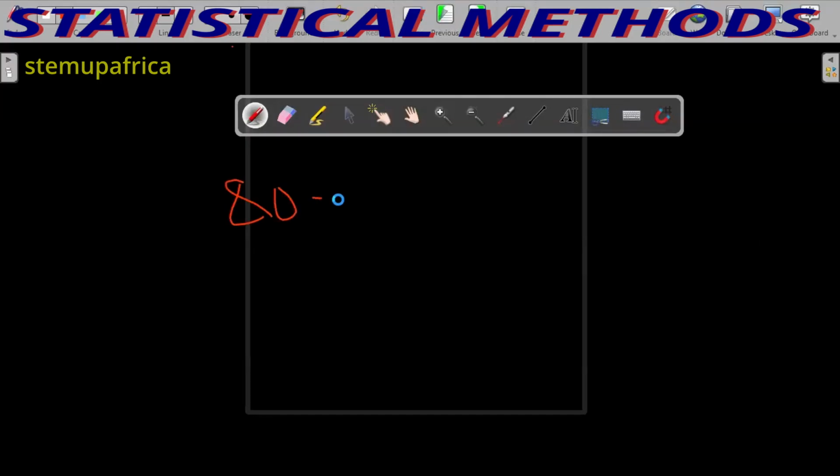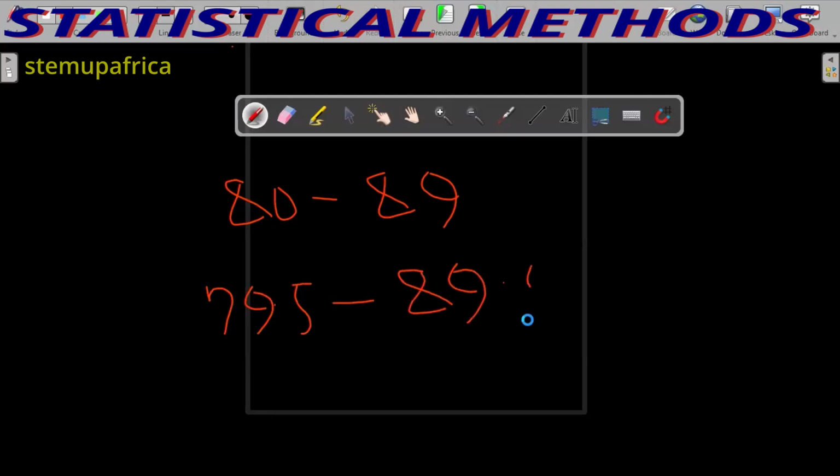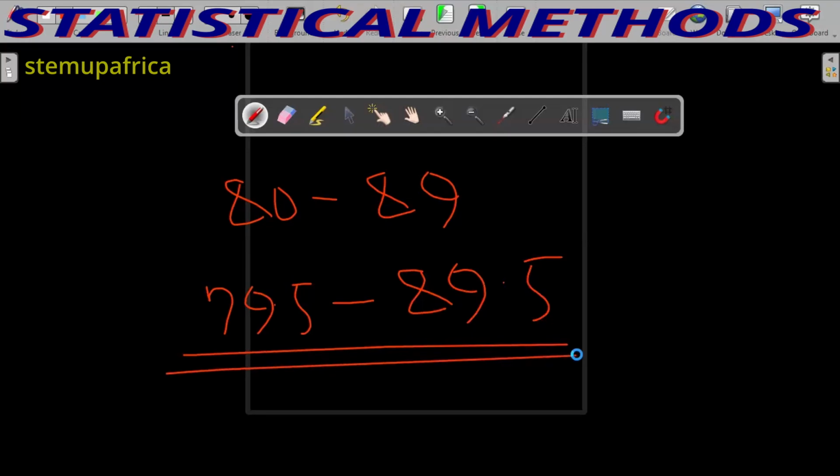Like I said, you subtract 0.5 from the lower class and add 0.5 to the upper class. If I subtract 0.5, I'm going to have 79.5. If I add 0.5, it will give me 89.5. So this is the class boundary of the sixth class.